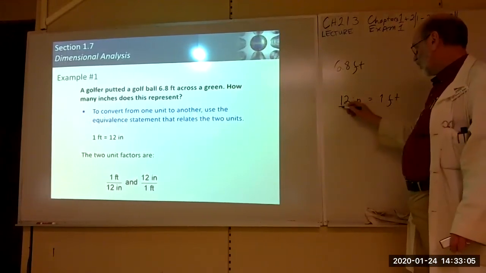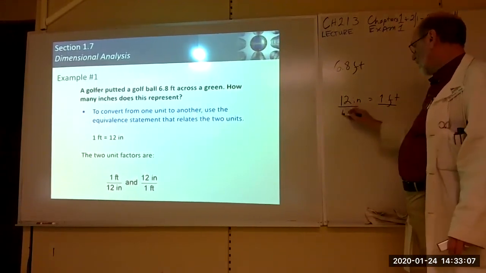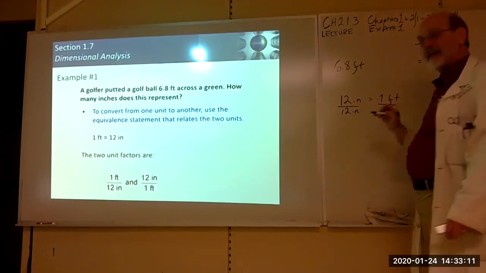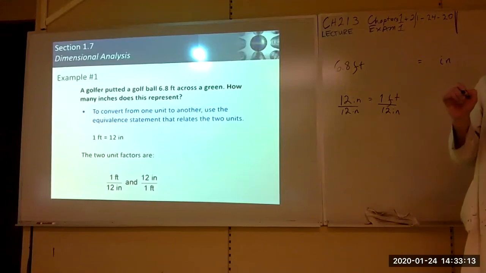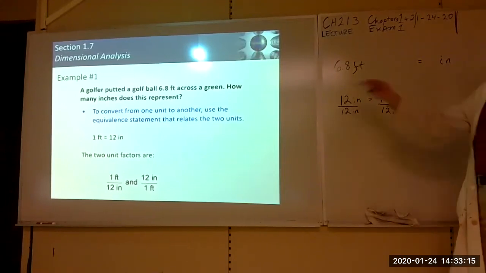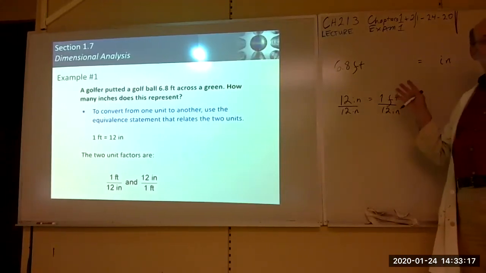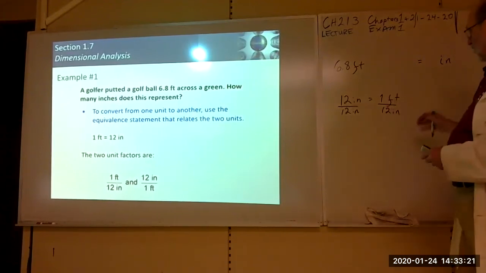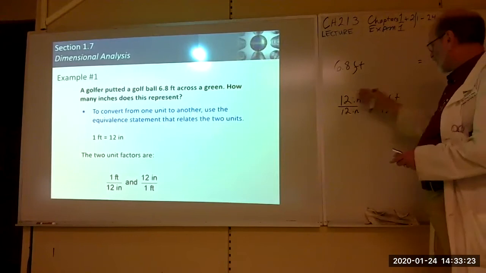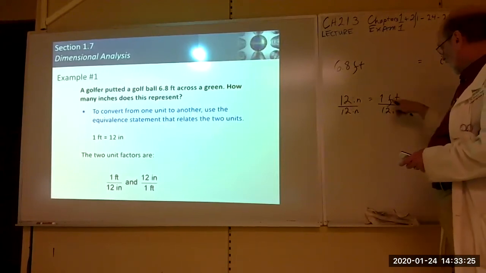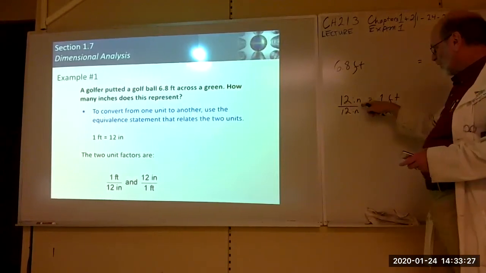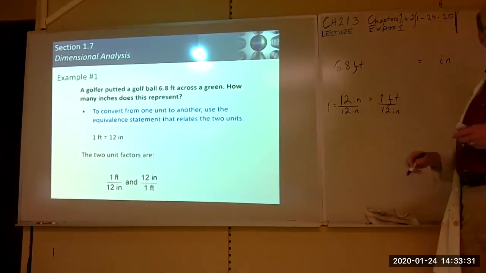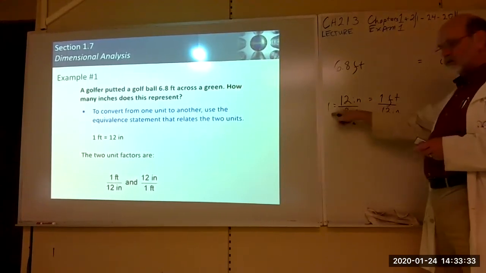If I divide both sides by 12 inches, is that valid as an algebraic expression? If I do the same thing to both sides, I haven't changed it. That's valid. So I divide both sides by 12, and I get this one over here. And what's that one? That's equal to 1. So there's my conversion factor equal to 1.